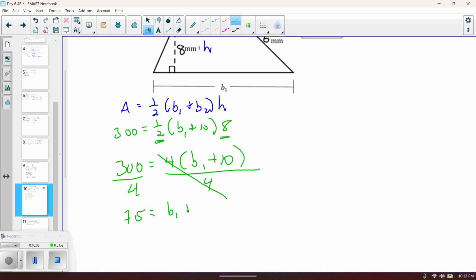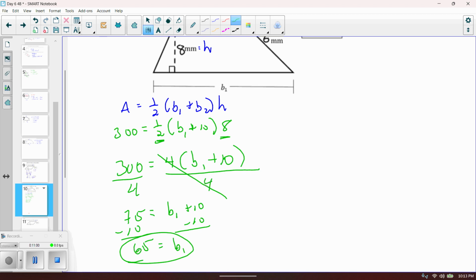We have b1 plus 10. Then to solve for b1, we're going to simply subtract 10 on both sides of the equal sign, and we get that b1 is 65. So we've solved for the missing base in a problem where they gave us everything else, including the area.